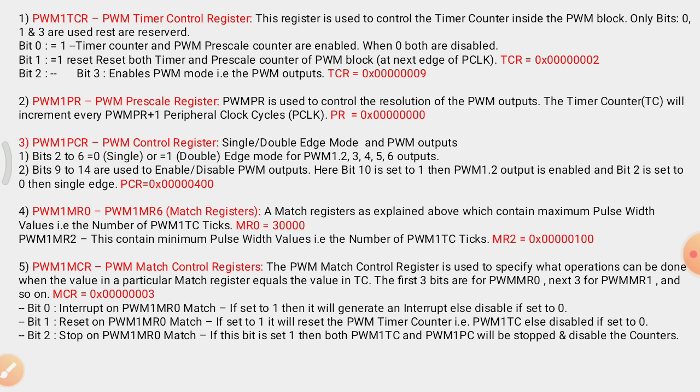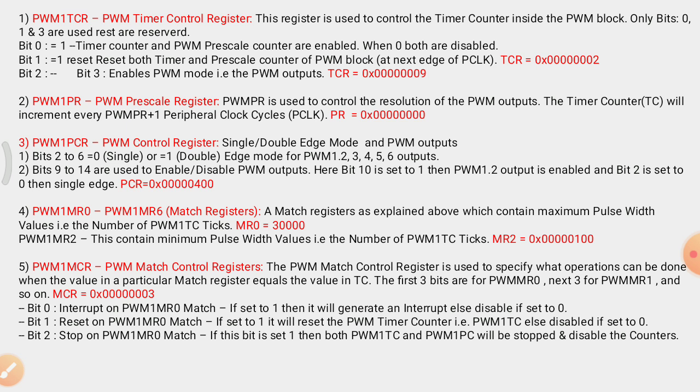To control PWM 1.2, 1.3, 1.4, 1.5, 1.6, the bits 2 to 6 are used. If it is 0, these outputs will be single edge mode, and if it is 1, these outputs will have double edge. Bits 9 to 14 are used to enable or disable PWM outputs.